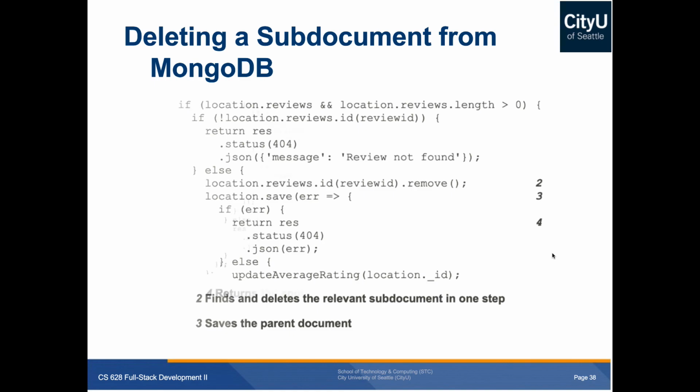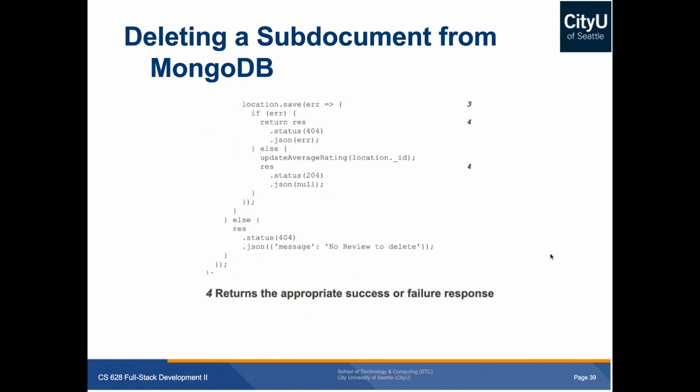Instead of writing it three times, I mean the whole code. Okay, so we update the average rating, and then 204 is a successful deletion, and then just return a null to say that it's no longer there. And if all else fails, we can say no review to delete.